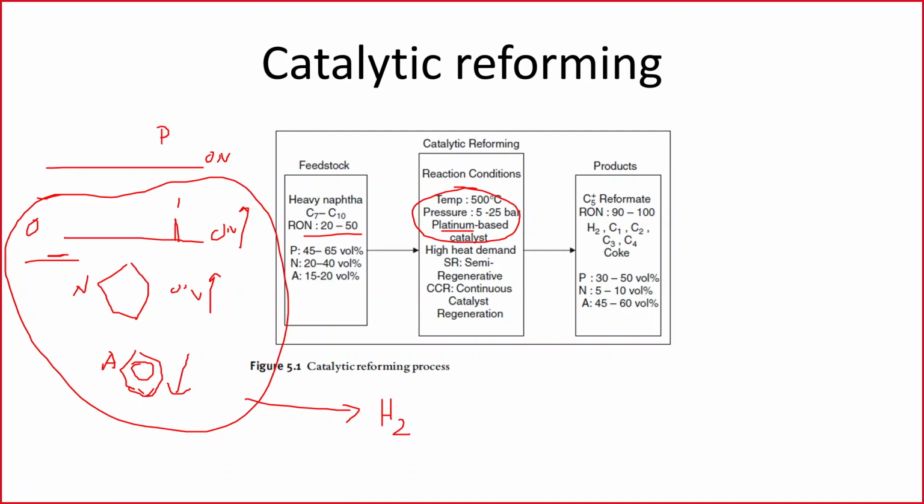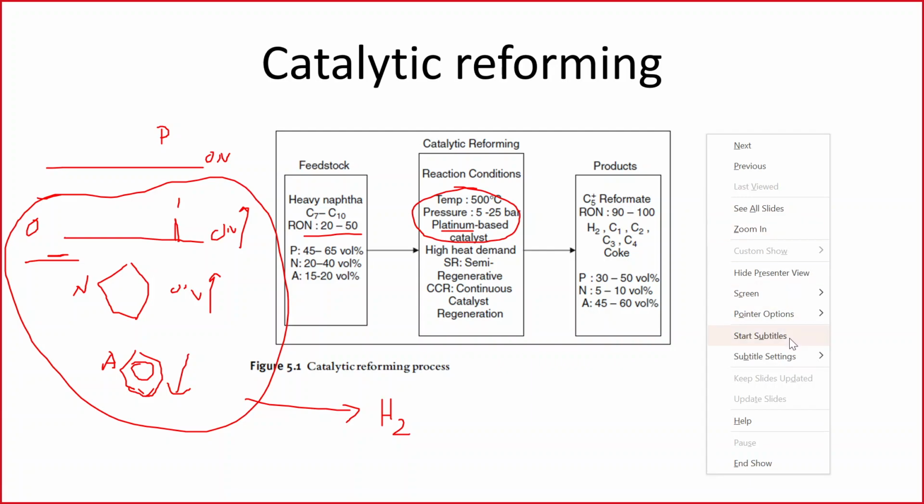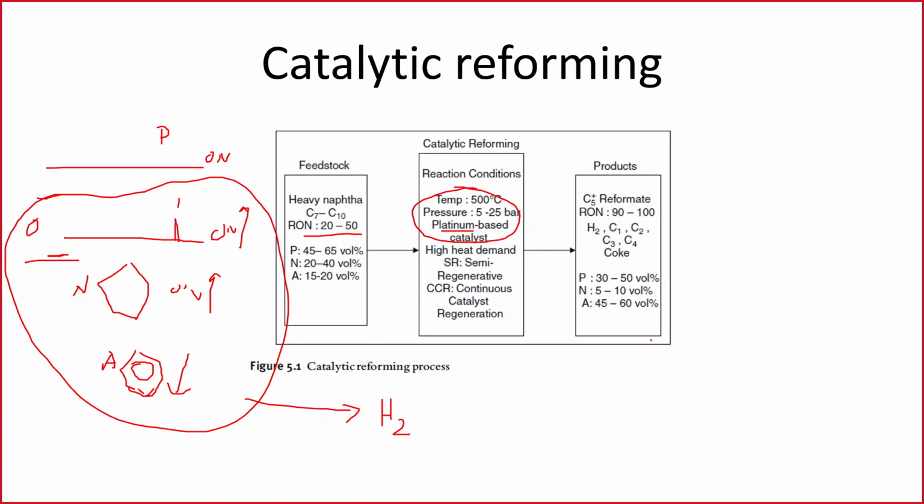You can see it here. It comes with a majority of paraffins, like I mentioned, and then some naphthenics, and then some aromatics. And when it goes to this catalytic reformer, you will have a little bit lower paraffins, depending also on how you operate this reformer.